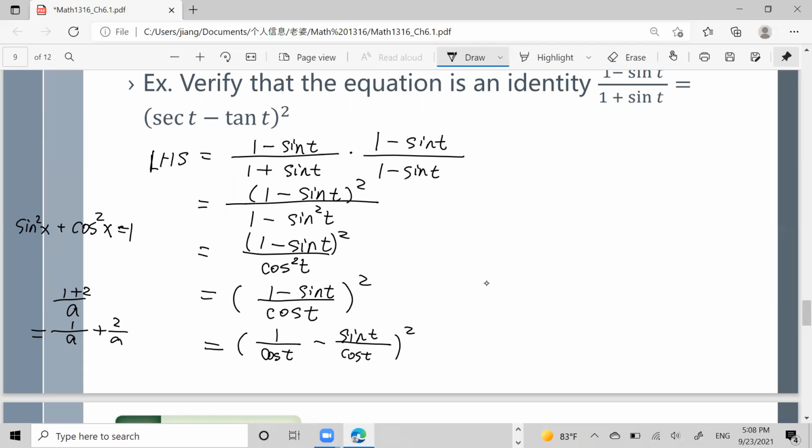I have no space, so I write it down here. 1 over cosine t, that's the secant, from the reciprocal identities. Secant t minus sine over cosine, which is tangent t, squared. So left-hand side equals right-hand side. We verified.